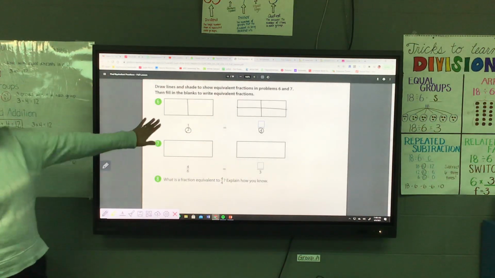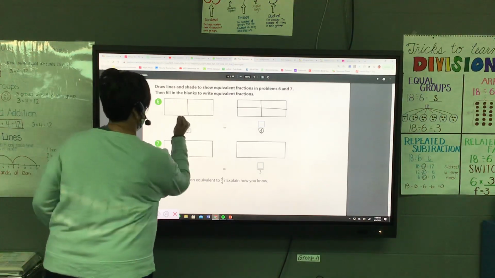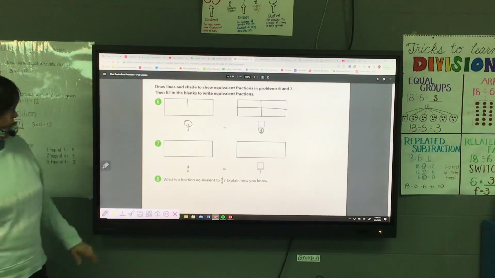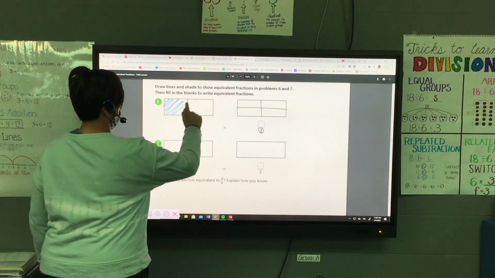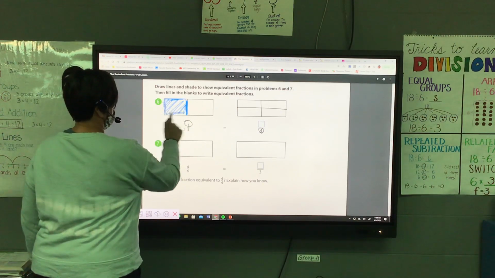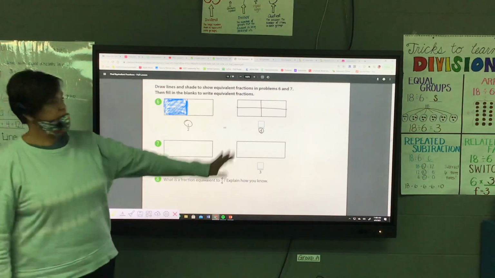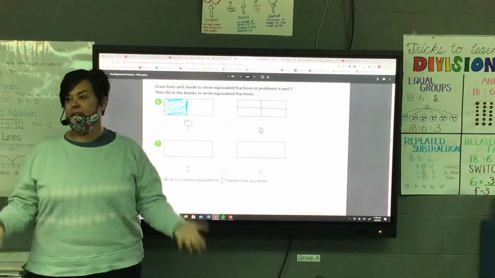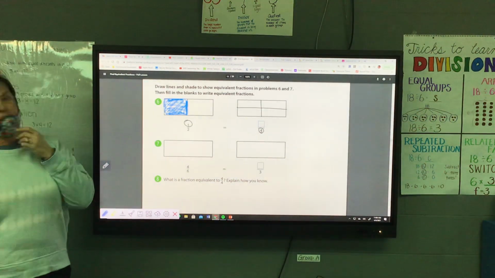Okay, now, this tells me I have to shade in, how many parts do we shade in? 1 part. So let's do that. Okay, to make this one equivalent, equal to the same amount shaded, how many parts would I need to shade in over there?